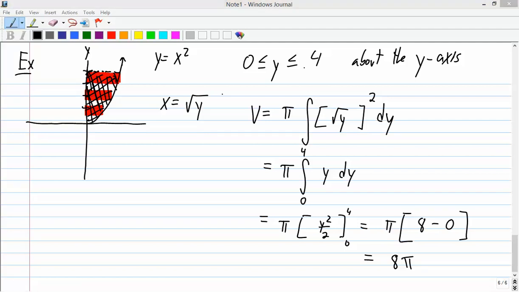Let me show you what I'm talking about. I can show you a washer really quick from the textbook.